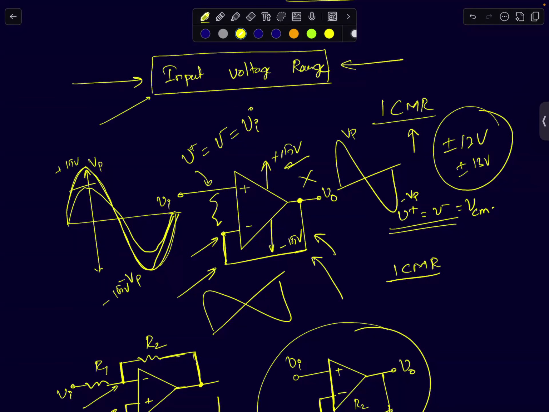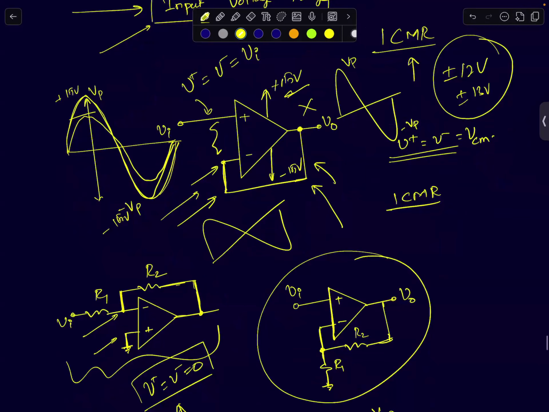The input voltage range is very important when you're designing voltage followers or non-inverting amplifiers. Input voltage range is not a big deal when you're designing inverting amplifiers, because usually you will keep the common mode voltage at this node, which I've grounded here, well within the desired range.